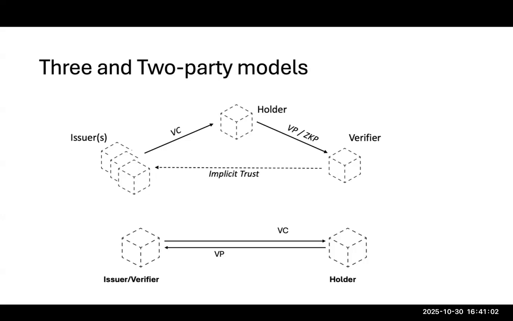This peer-to-peer model is between the holder and an issuer when the holder interacts with an issuer, and between the holder and the verifier when the holder decides to interact with a verifier to authenticate himself and have access to a service. So this peer-to-peer model still stands, between holder and issuer and then between holder and verifier.